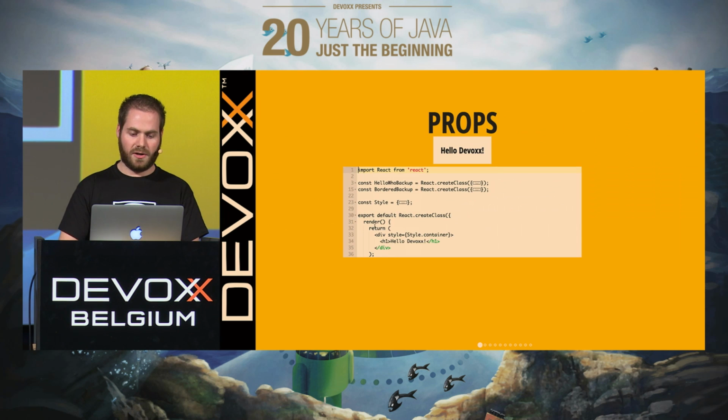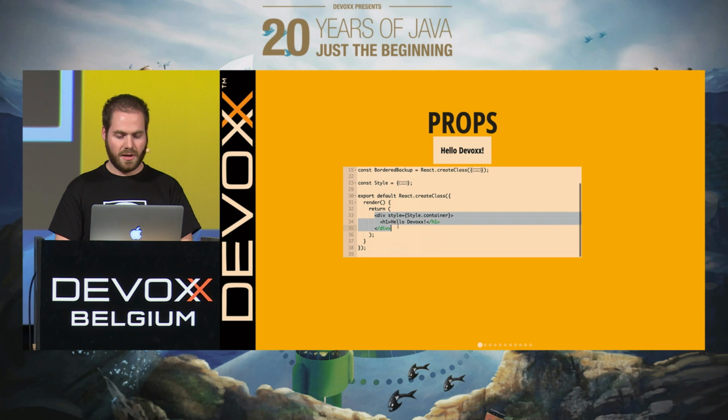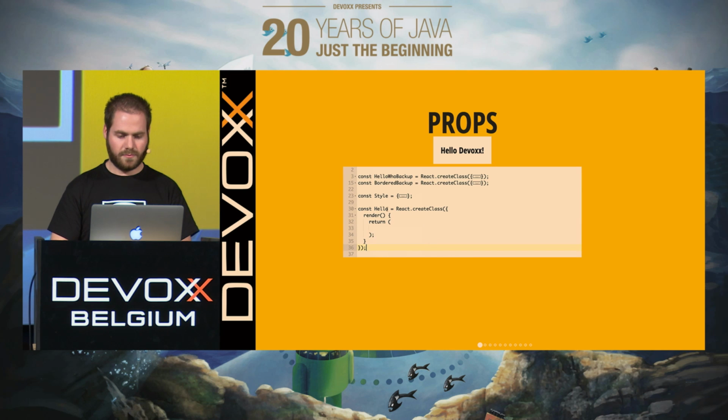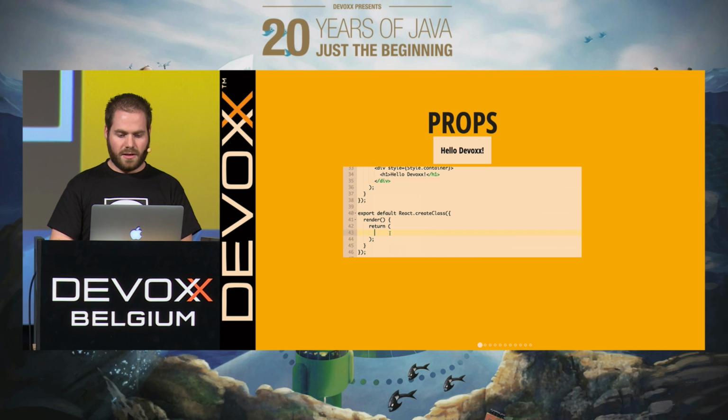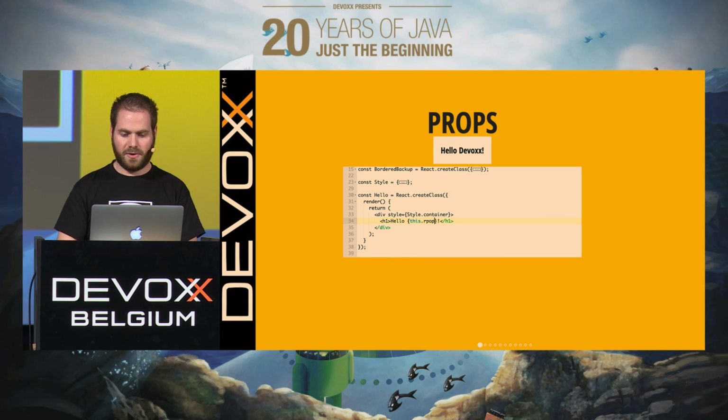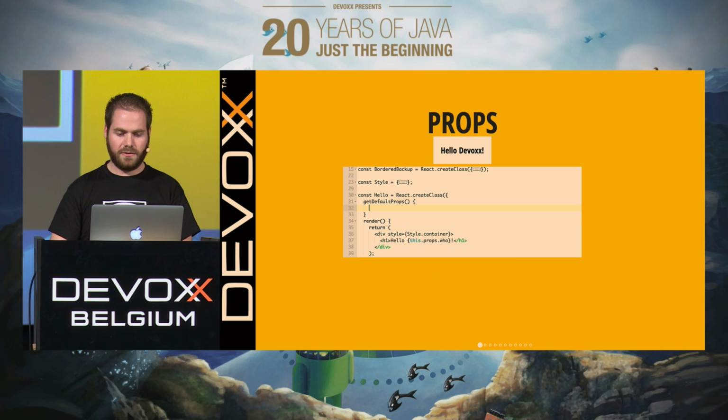We are going to make a more clever hello component. Here I'm using it. And I will try to display the property called who. I will give it a default value.